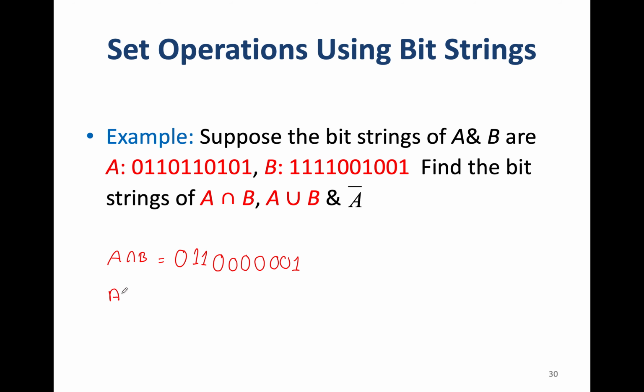Okay, A union B, so we'll start one by one. 0 and 1, 1, 1 and 1, 1, 1 and 1, 1, 0 and 1, 1, then we have 1 and 0, 1, 1 and 0, 1, 0 and 1, also 1, 1 and 0, 1, 0 and 0, 0, 1 and 1, 1.